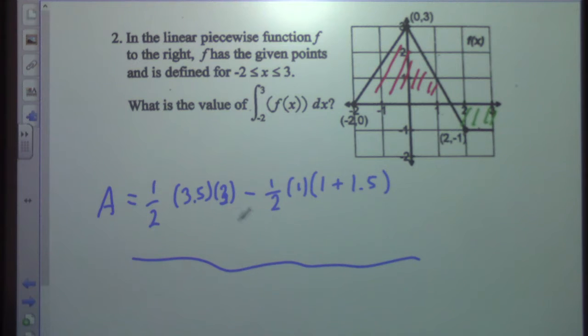I mean, if you can, but if we wanted to, we could do it quickly. You'd have this will be 10.5 divided by 2. So that's going to be 5.25 minus 1/2 of, so you'd have 5.25 minus 1.25. So you'd have about 4.